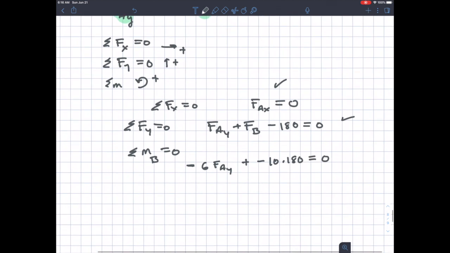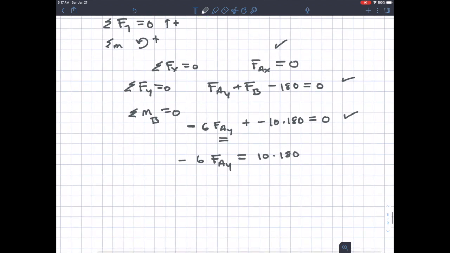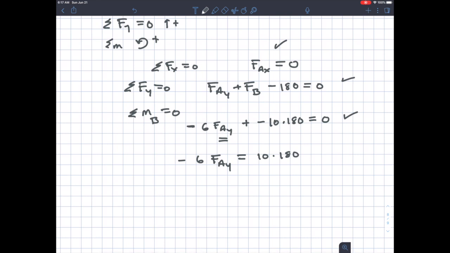Okay, so I'm looking now at what I have. That's part of the process. You write equations, you take a look, you assess what do you do next. I'm liking this because I see FAY as an equation by itself. I know everything else in that equation, so I have minus 6 FAY is, moving the 10 times 180 to the other side of the equation.